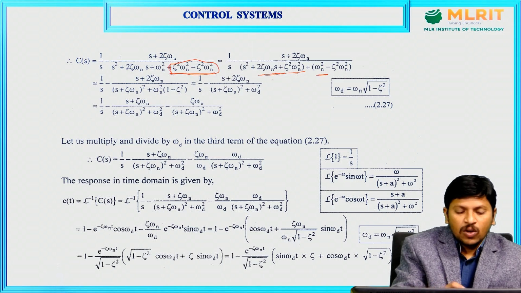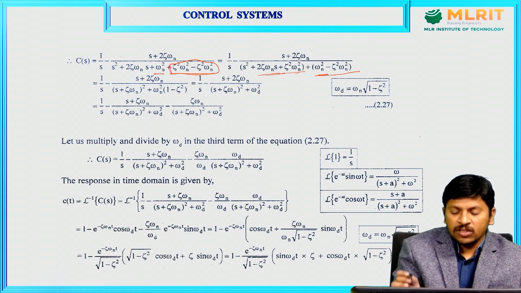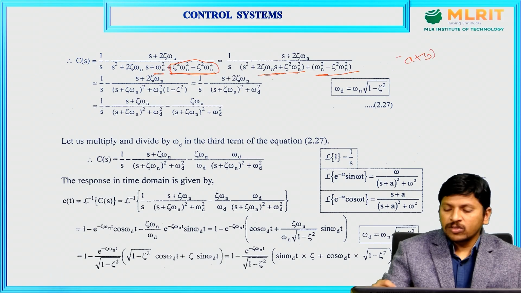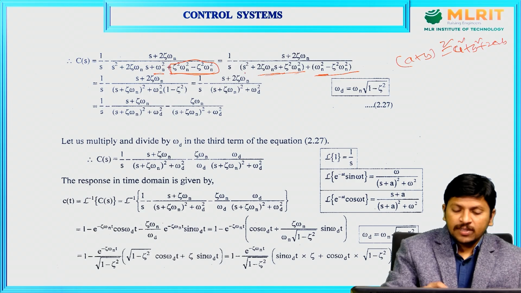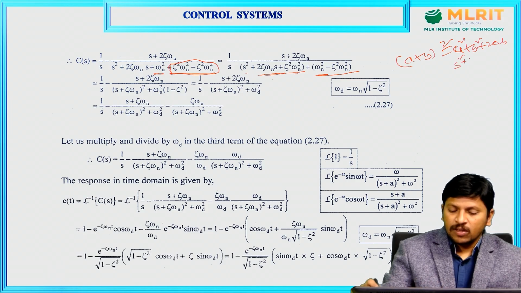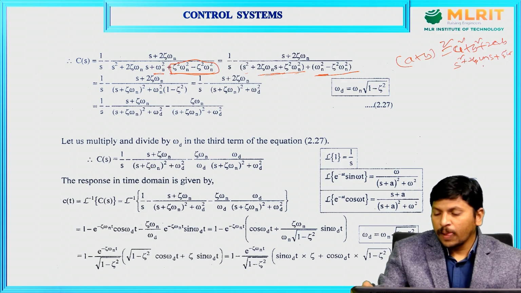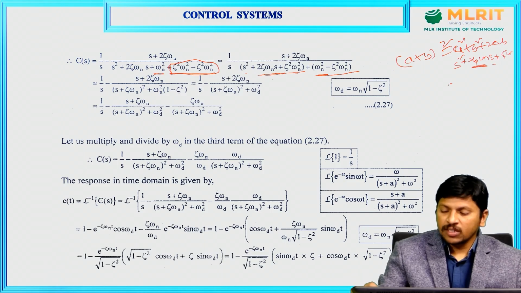Simply write it like that, and the remaining term is omega n square minus zeta square omega n square.